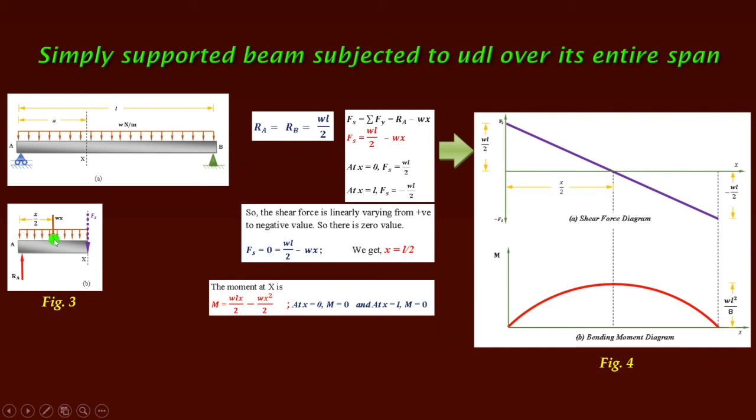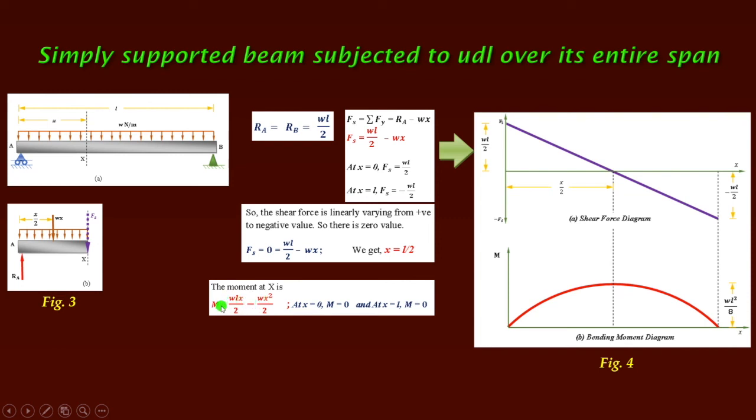Omega x is this value of force. Distance from x is x by 2. So omega x into x by 2 means omega x square by 2. Under the action of this omega x, this segment will tend to rotate anti-clockwise about x. So it is negative.